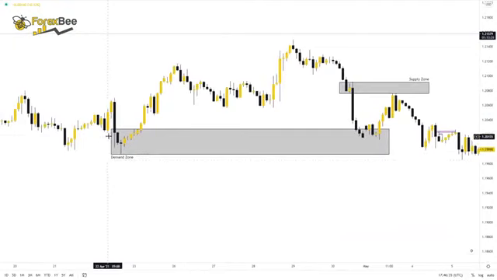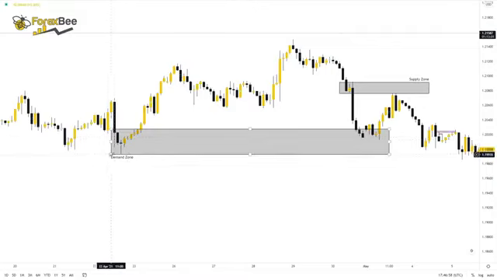Let me show you another example. Here you can see that there is a demand zone created, and there is one big candle, this one, and another big candle, this one, and then there are some base candles. As you can see, there are a lot of base candles here, and this zone is a demand zone, but a weak demand zone.